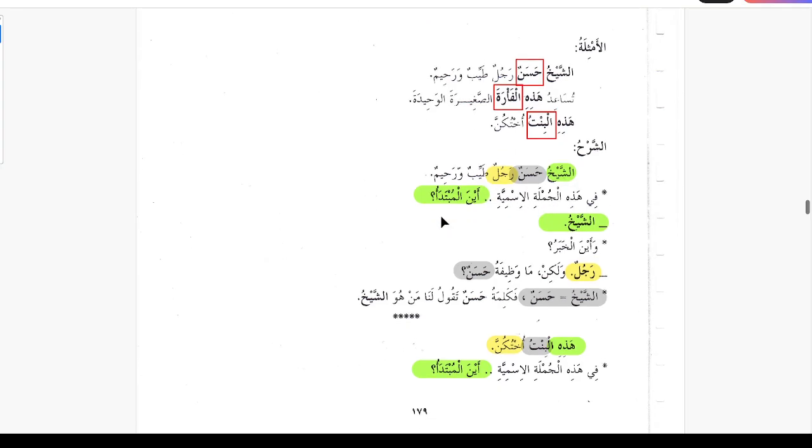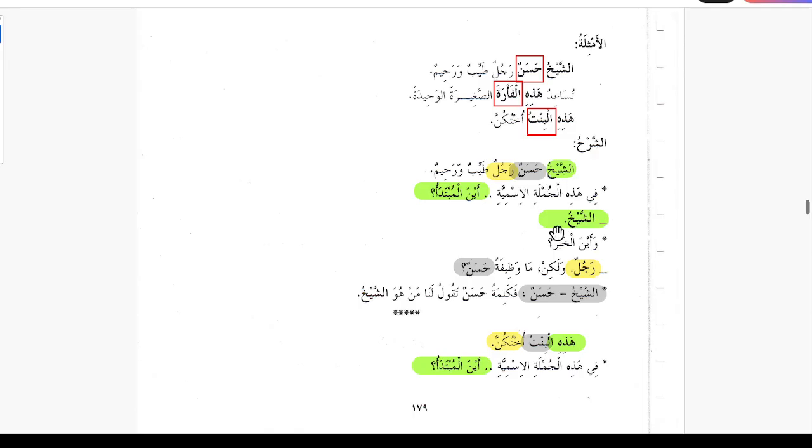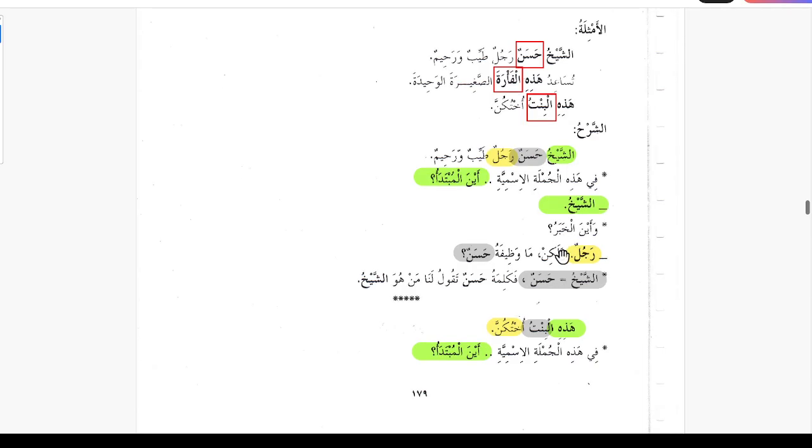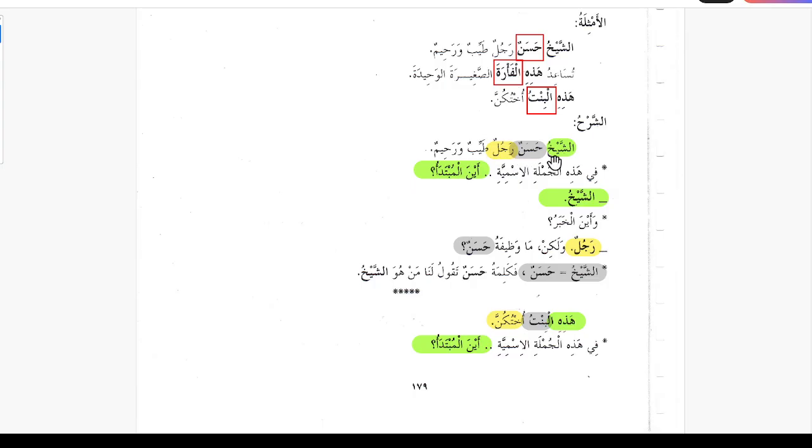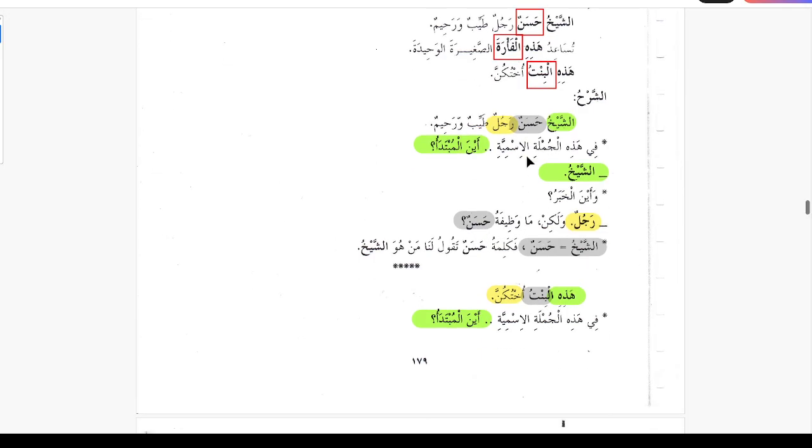Where is mubtada? We know ash-shaykhu is mubtada. Wa aina al-khabru? And where is khabar? Rajulun is khabar: Shaykh is a man. Walakin ma wazifatu hasanun? What is the function of hasanun? Ash-shaykhu is equal to hasanun. So actually shaykh and hasan are the same. Hasan is referring to shaykh.